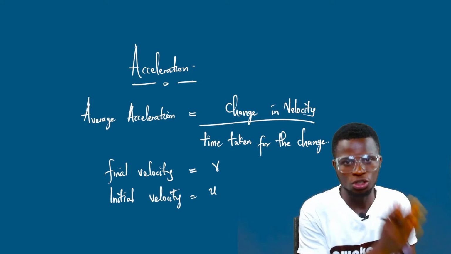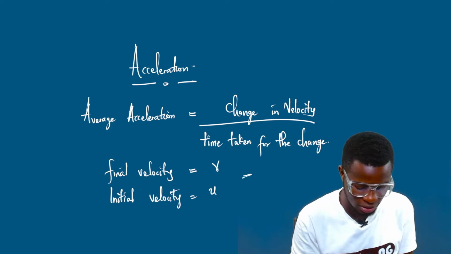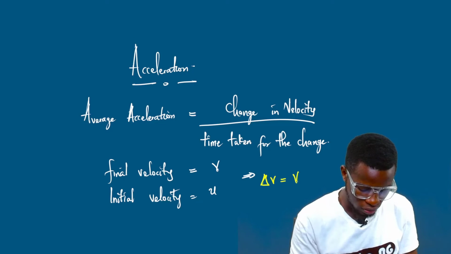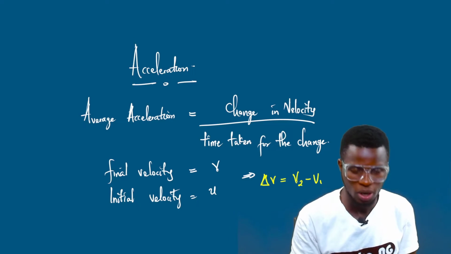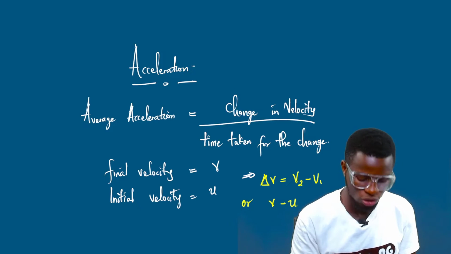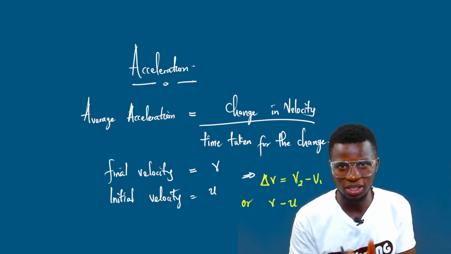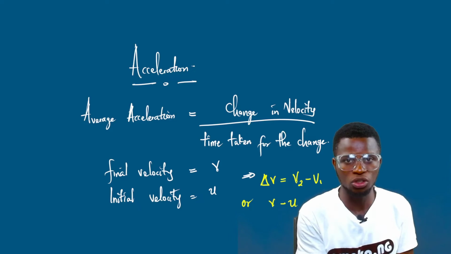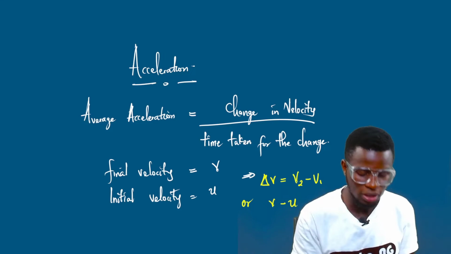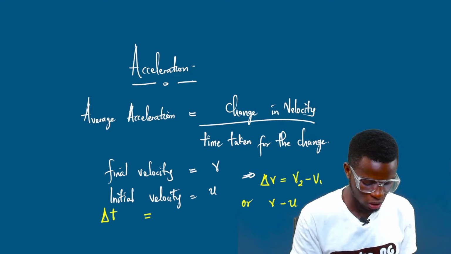The change in velocity is given as v2 minus v1, or in some texts, v minus u, where v is the final velocity and u is the initial velocity. In some texts you see v2 as the final velocity and v1 as the initial velocity. And of course, the time change is denoted by t, which is equal to t2 minus t1.